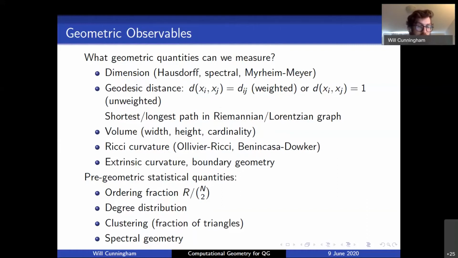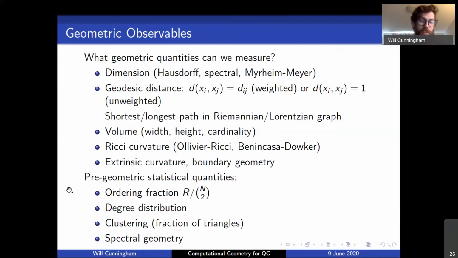The reason that's important is because it's been shown that random geometric graphs that are Riemannian and have a percolation of triangles in the graph are necessarily geometric, in the sense that they're similar to sprinklings, which have the same average clustering and degree distribution. So that's an important observable for the Riemannian case.